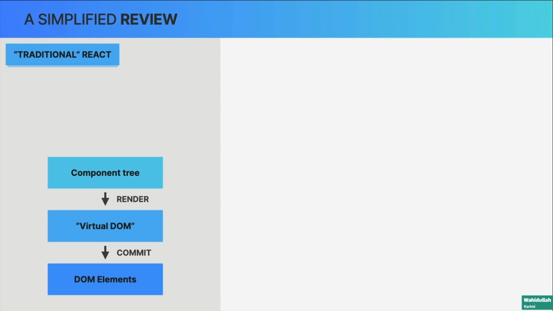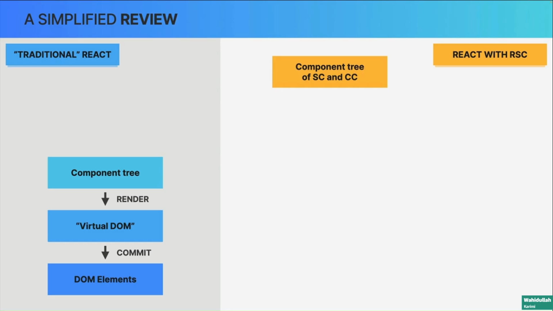On the other hand, in React with React Server Components, we also start with a component tree, but a tree that usually has both server and client components and is located on the server. Now, in the RSC architecture, the render process is split into two steps, where the first step is to render only server components.